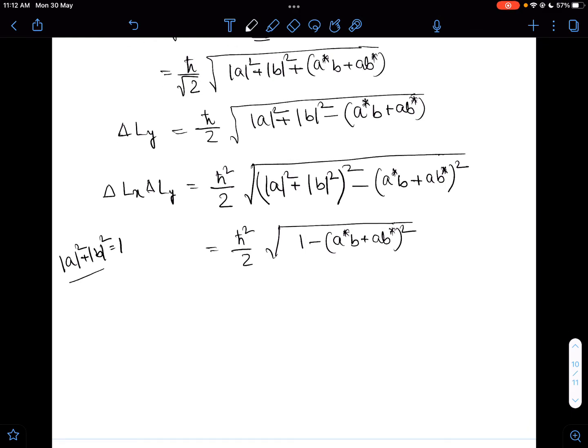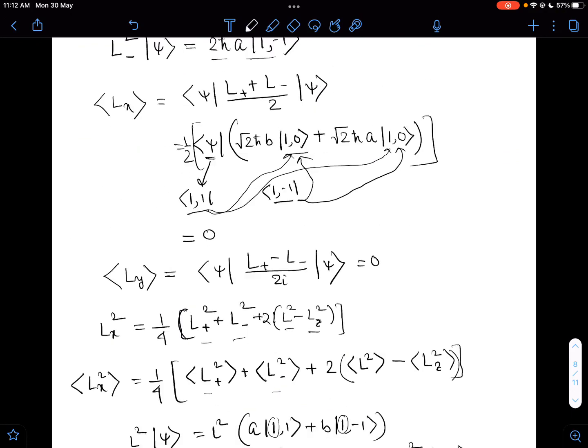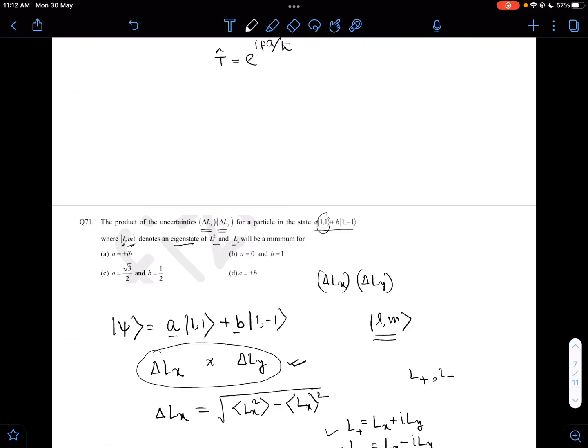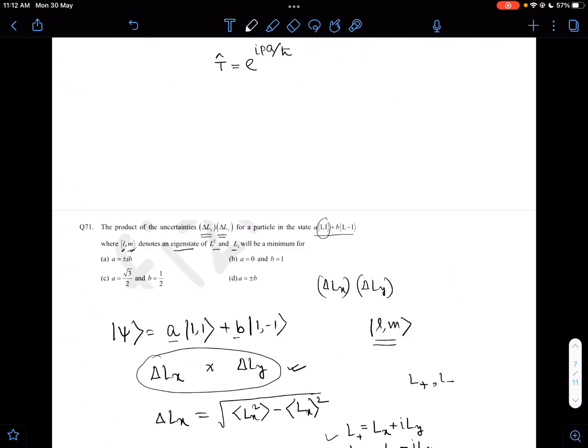Now let us check the options. What is the first option? We have our first option, a equal to plus or minus ib.